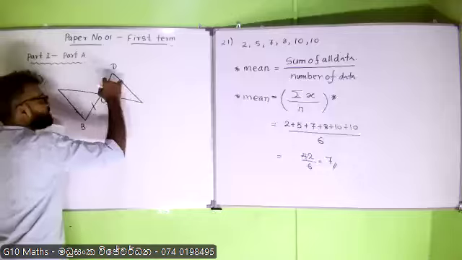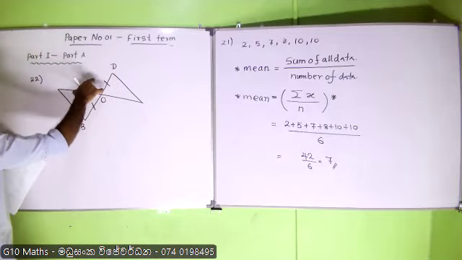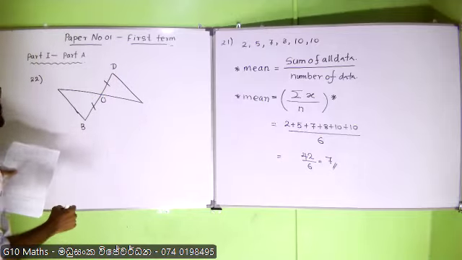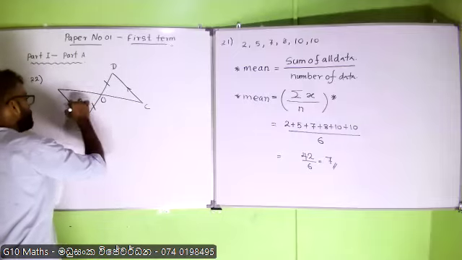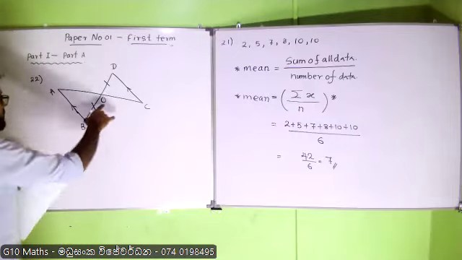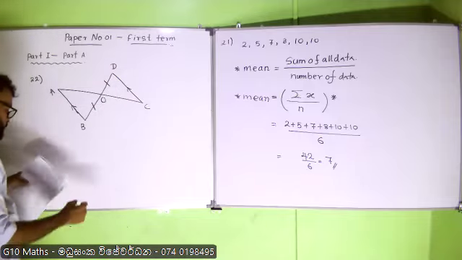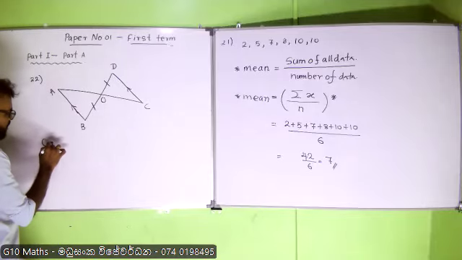Please put a dash on this side as well, OD. These two sides are equal. Otherwise, you cannot do this. These two lines are parallel. This is A and B. This is OD, this is C.